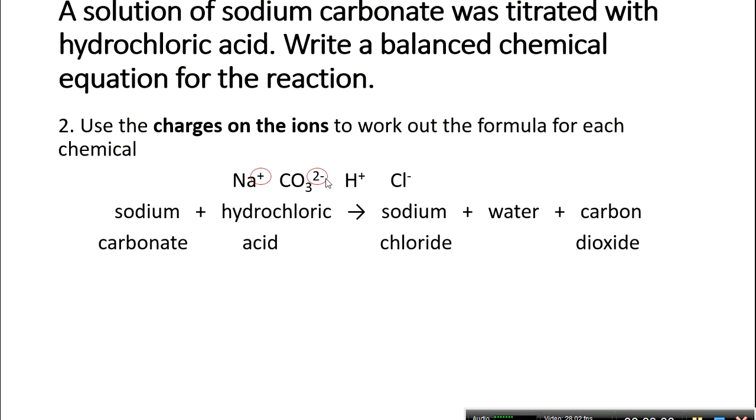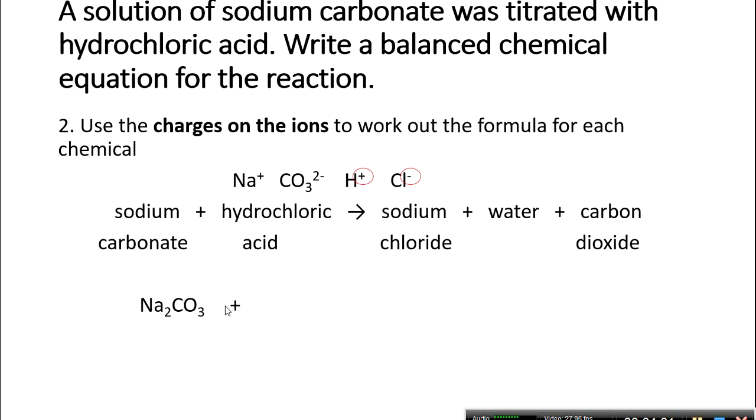It can't have a 1 plus or a 1 minus charge. So we need to have 2 of the sodiums to cancel out the 2 minus of the carbonate. So 2 sodium ions, 2 pluses here to cancel out the 2 minus charge here. So that's shown as Na2CO3, 2 sodiums and a carbonate.